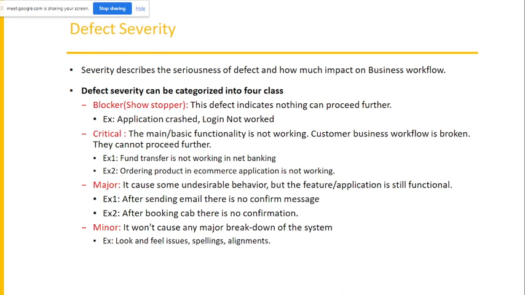For blocker, one more name is there, my dear Pooja, that is show stopper. Can you read that example, Pooja? Two examples I have specified in that PPT. Can you read them out? Application crashed, login not worked.